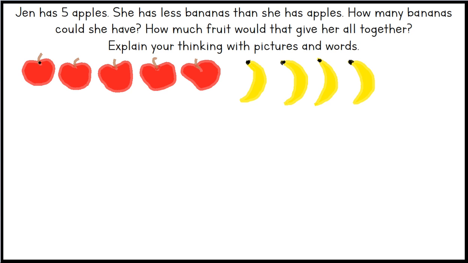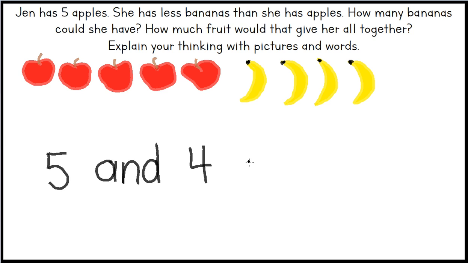Okay, so we have how many apples? We have 5. Okay, so I would write 5. Okay, our connector word and, A, N, D, and 5 and how many bananas do I have? I have 4.